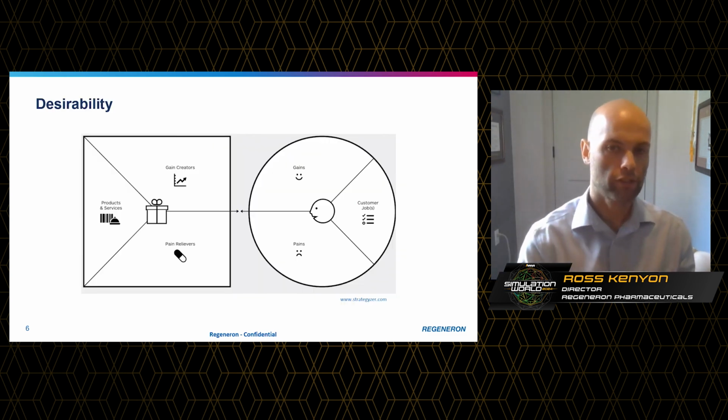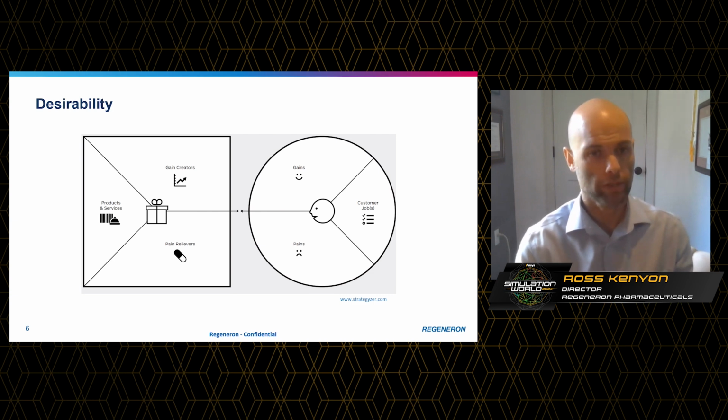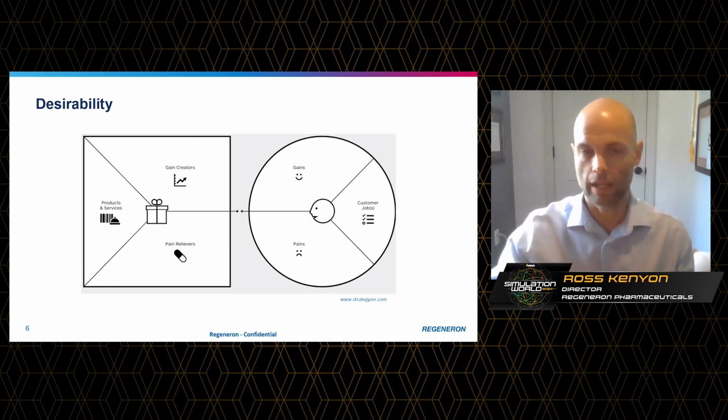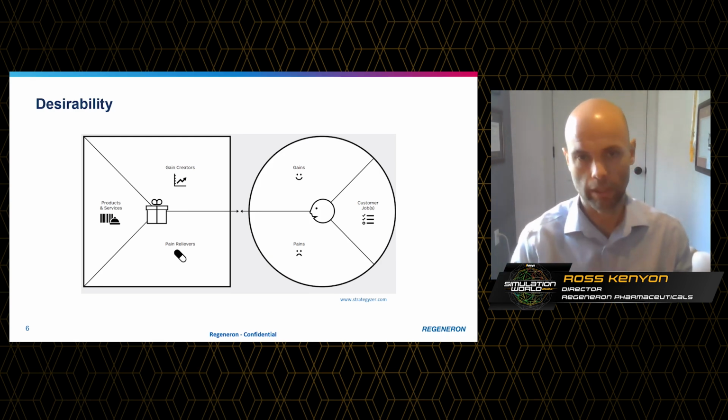So when we think about the desirability or solution space diamond, I found that a nice tool to employ is this customer value map. Now, what's interesting about this map is we typically start on the right with the customer jobs. And I mentioned this before in terms of what is the job to be done for the customer. And like I said, it's rarely the case that what the customer really wants is a simulation.